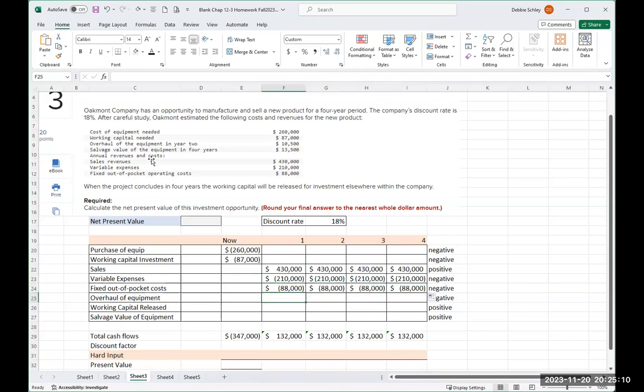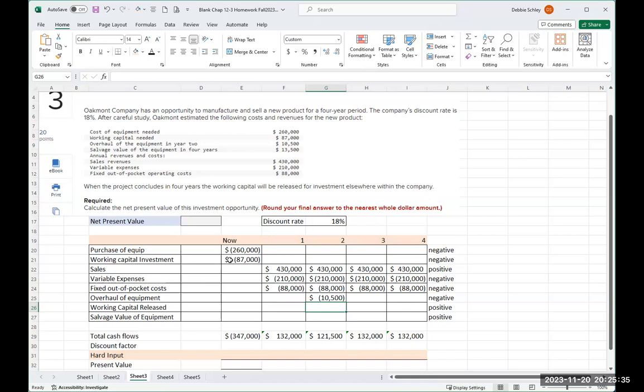Okay, overhaul of equipment in year 2. So this is an expenditure, but it only happens in year 2 for negative 10,500. Now, when the project concludes in 4 years, the working capital will be released for investment elsewhere in the company.